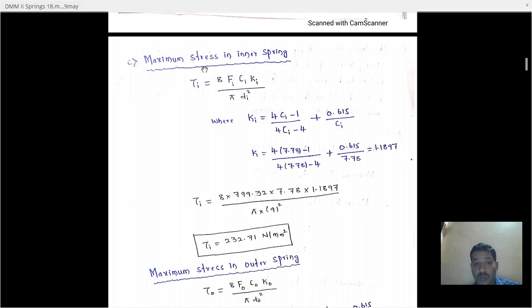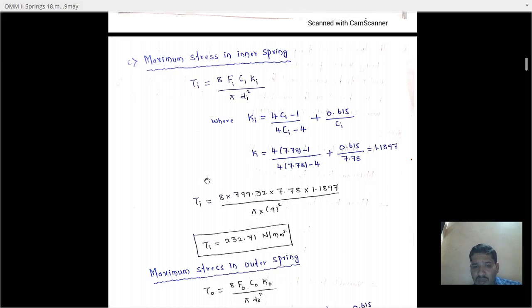After getting the Wahl factor, you need to substitute it in the maximum allowable shear stress equation for the inner of the spring. So tau I indicates the maximum allowable shear stress acting in the inner of the spring. Tau I equals 8 as it is, Fi value we already got: 799.32, and Ci value is 7.78, and Ki, the Wahl factor, is 1.1897, divided by pi, the constant value 3.142, into Di value, which we know is 9, whole square.